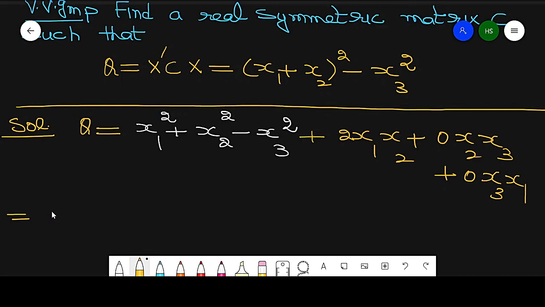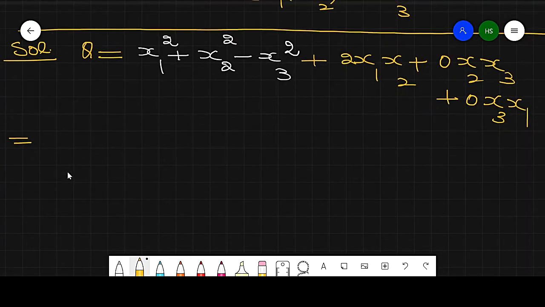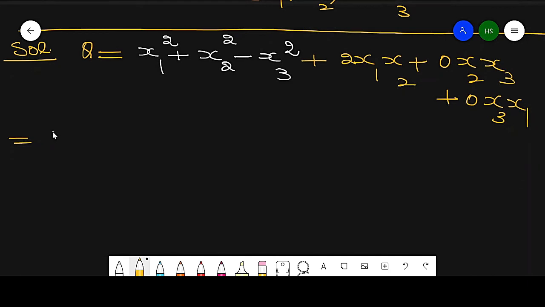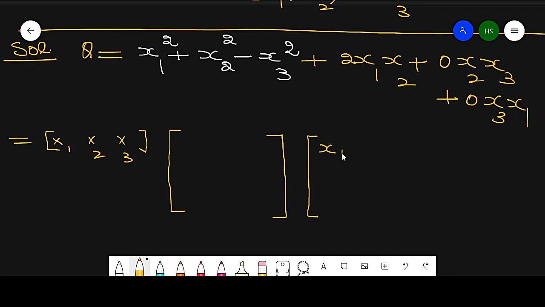Now this can be written in this way, which is x1 x2 x3. Here this matrix has 3 variables x1, x2 and x3.